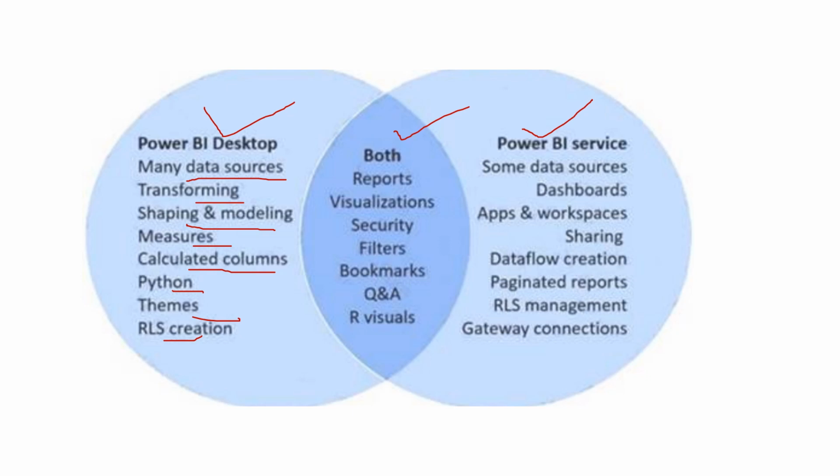And when we talk about the Power BI service, it is recommended for some data sources, dashboards, apps, workspaces. Also, we can share the data and create dataflows, paginated reports, RLS management, and gateway connection.